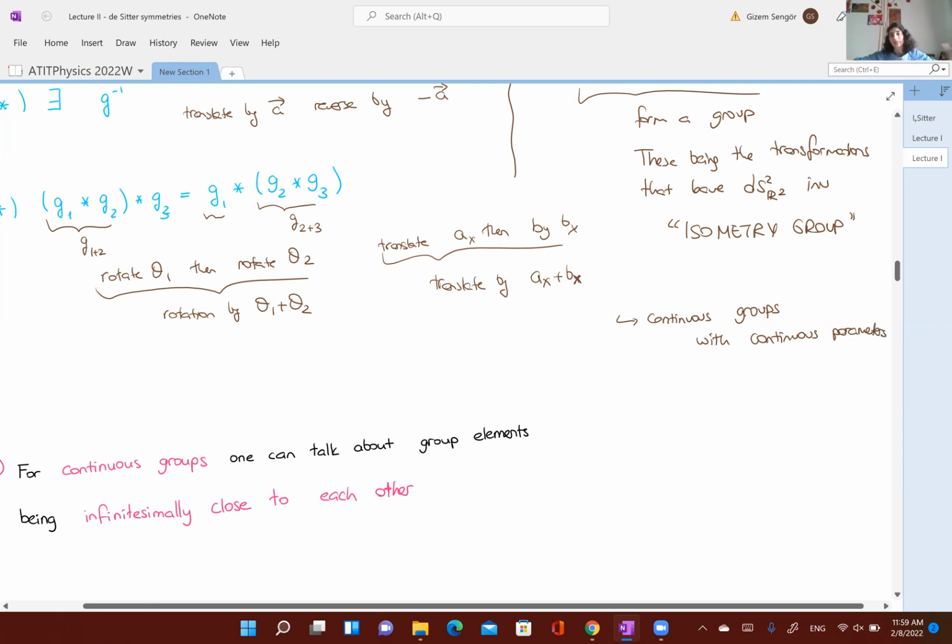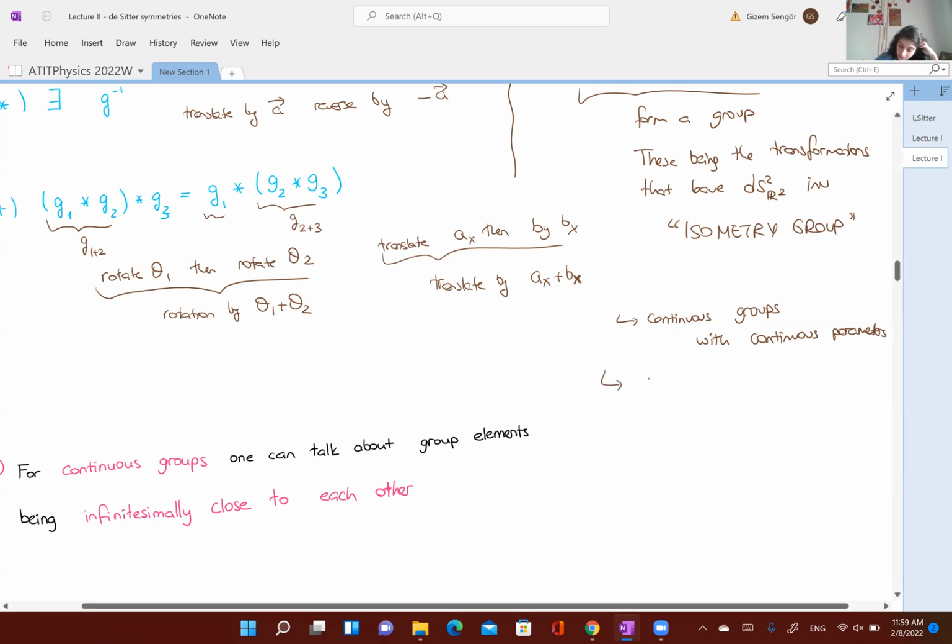These will have an infinite number of elements, because think of translations. For each translation parameter you have a group element, and you can translate from 0 to infinity, infinite amounts of parameters, so infinite amounts of group elements.